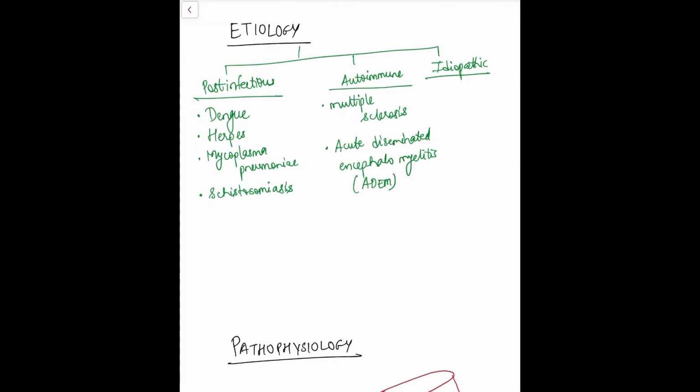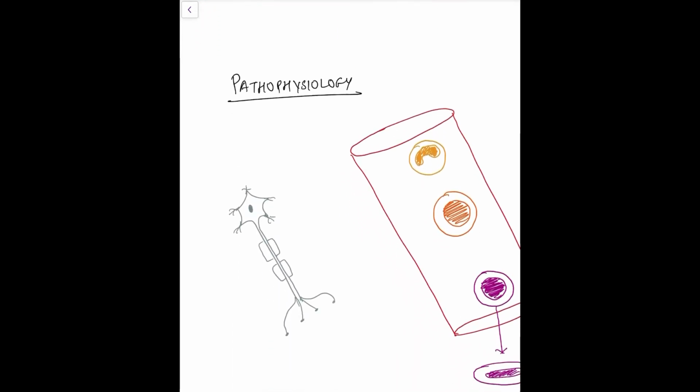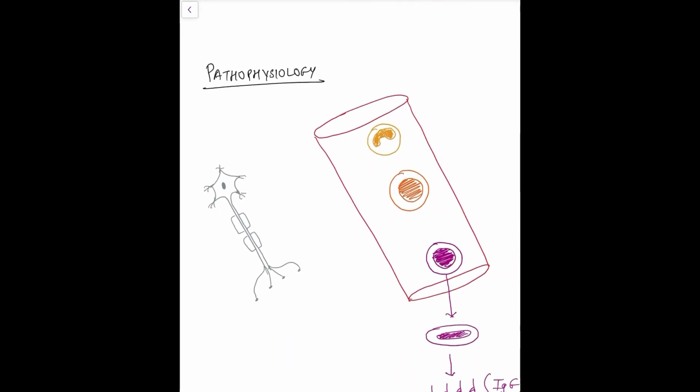What is the pathophysiology? The exact pathophysiology is not known, but the T cells have a T cell receptor. This T cell receptor goes and binds to the oligodendrocyte and recognizes the protein on the oligodendrocytes, myelin binding protein.